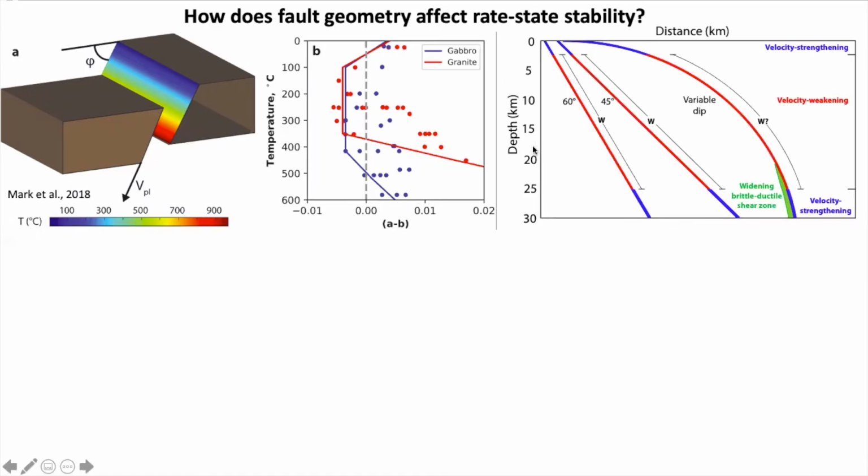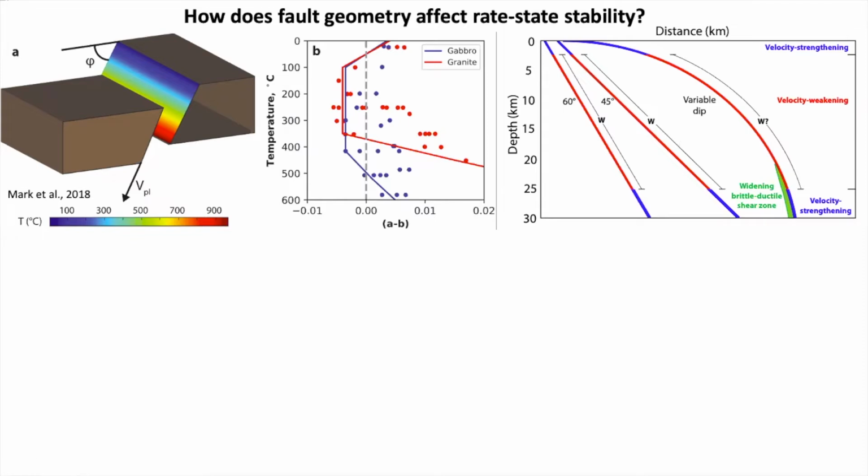On the left here, we have a 60-degree dipping normal fault, and the down dip width of the velocity weakening region is shown by this black line labeled W here. But as the fault gets shallower, the down dip width of the velocity weakening region increases, meaning that the fault should be less frictionally stable.